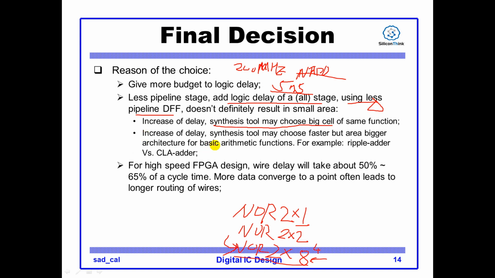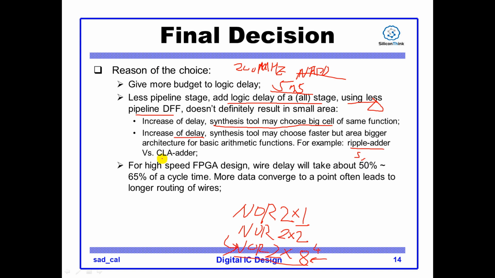And the second reason is, as you increase the delay of a stage, the synthesizer tool may choose a faster but area-bigger architecture for some basic arithmetic function. For example, the ADD function. We have explained there are many architectures for ADD, such as the ripple ADD, the slowest but smallest area. Slow but small.